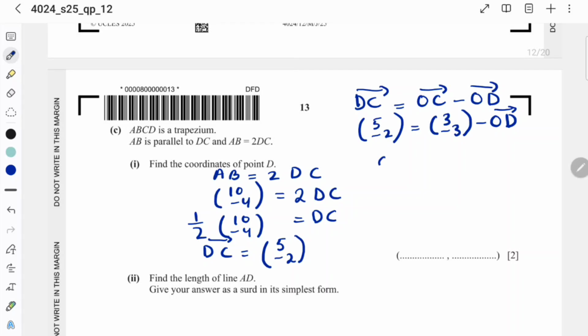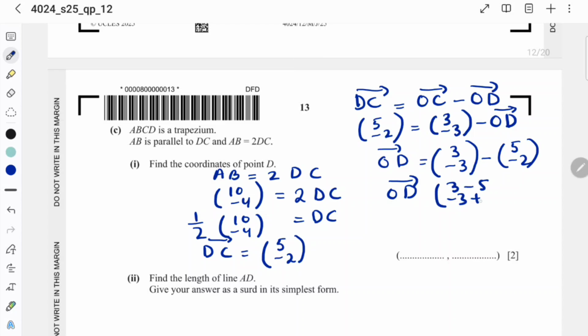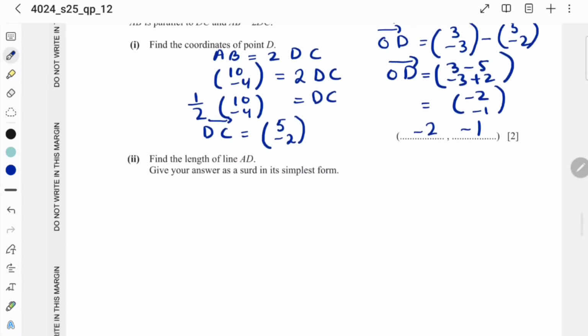So OD, I'm just bringing here (3, -3) minus (5, -2). Because of this minus sign, I'm keeping this one here and this one on the other side. So OD is equal to 3 minus 5 and minus 3 plus 2, and that will become (-2, -1).